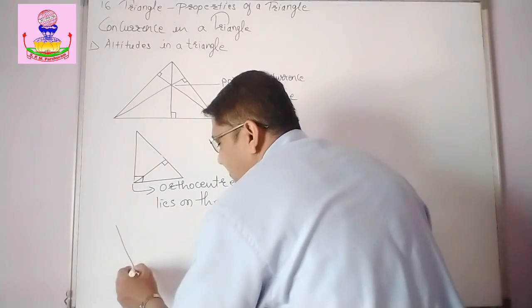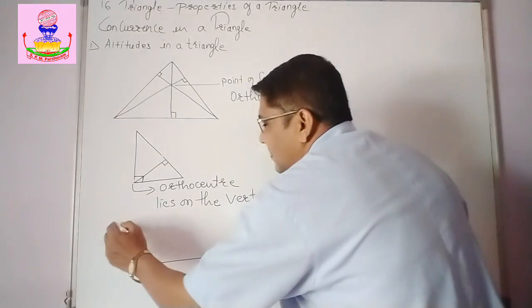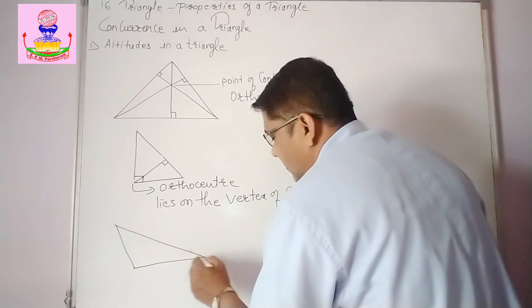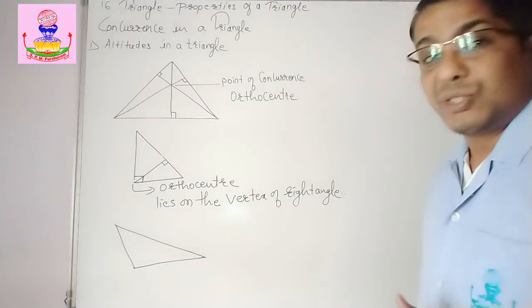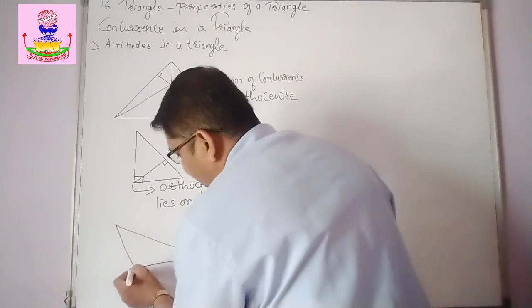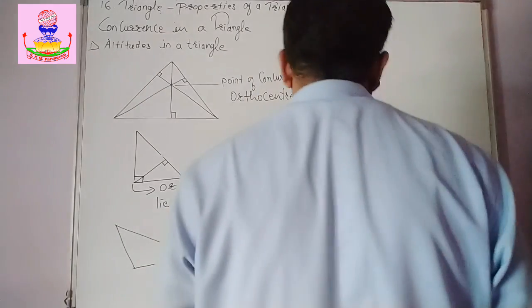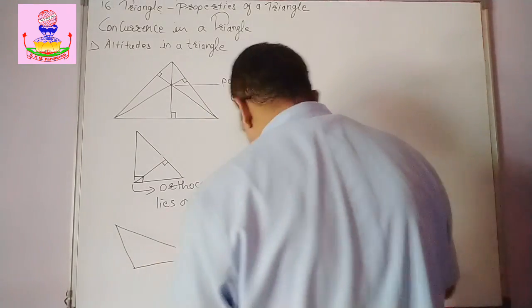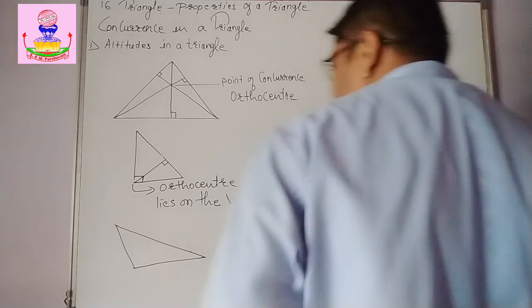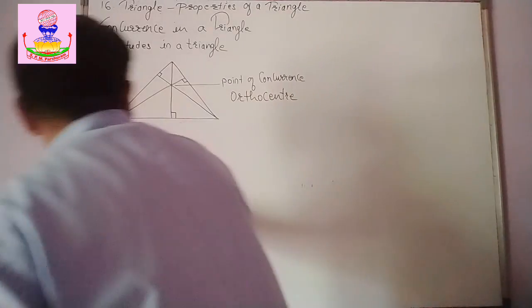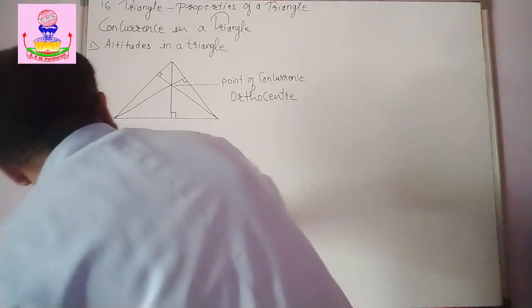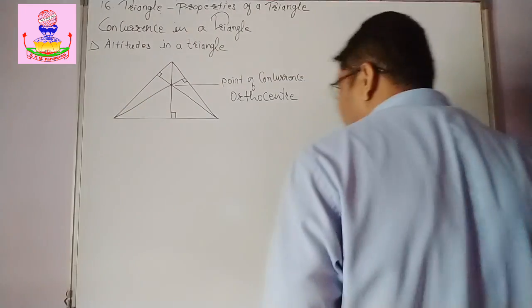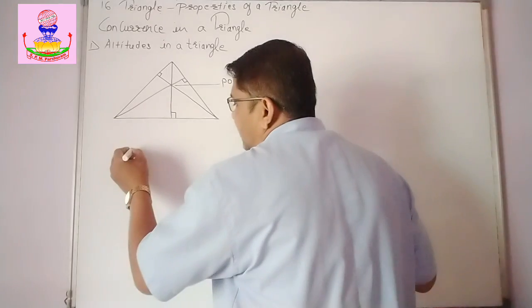Now in case of an obtuse angle triangle, suppose this is an obtuse angle triangle. So first I will drop it here. Because I will require more space, I will rub this second figure.